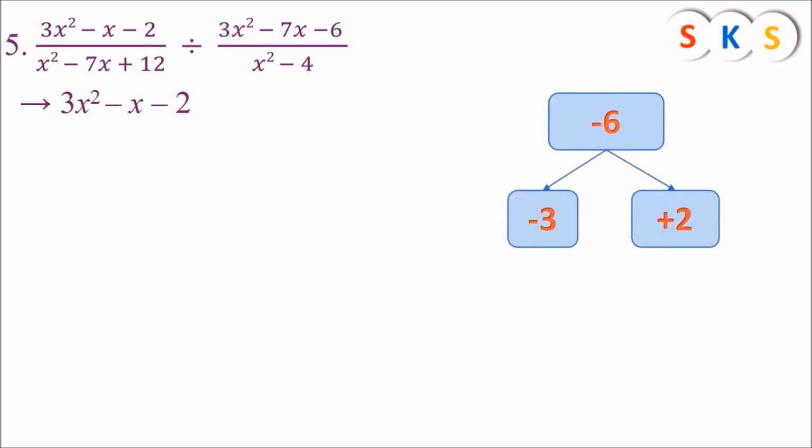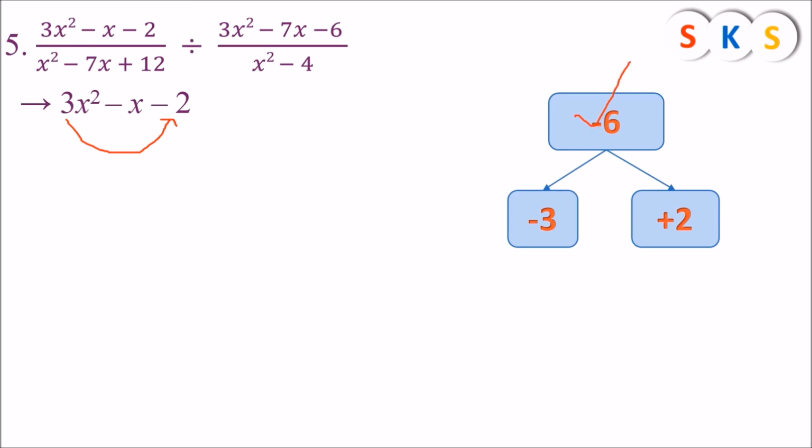And we will find two numbers such that when you multiply them you should get minus 6, and when you add those two numbers you should get 1, right? What I did over here, I multiplied this 3 with minus 2, I get minus 6. Now I am going to find two numbers.